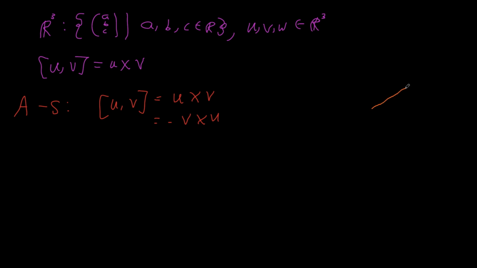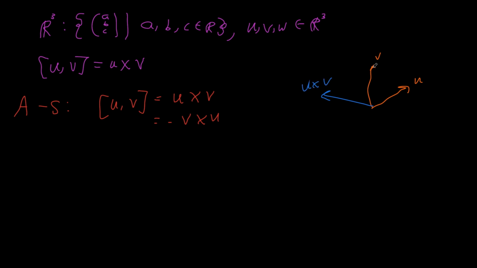If this is U and this is V, then our cross product follows the right-hand rule: thumb, index, middle finger comes out here. This is U cross V.